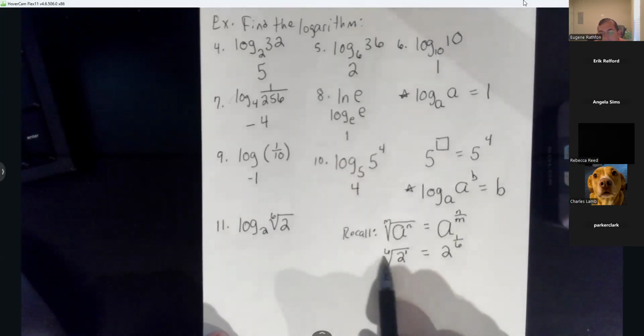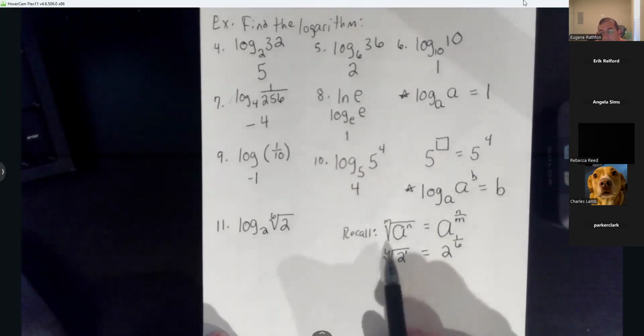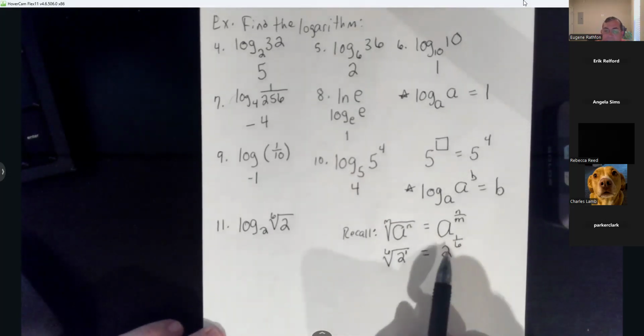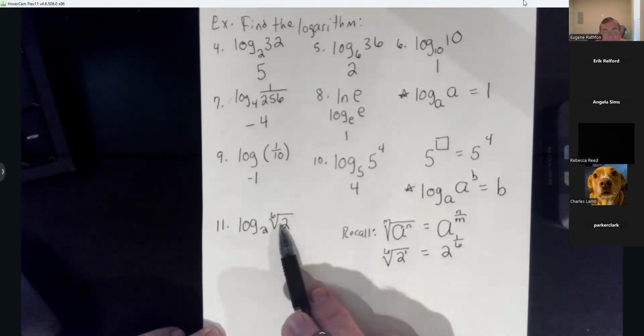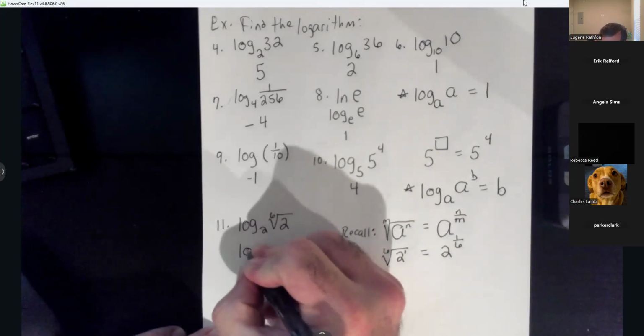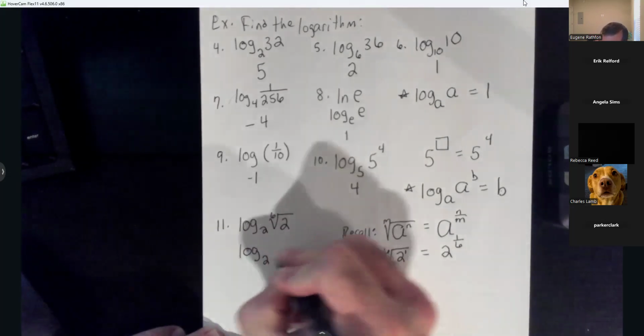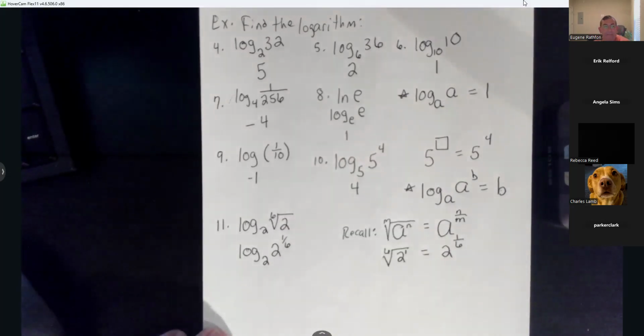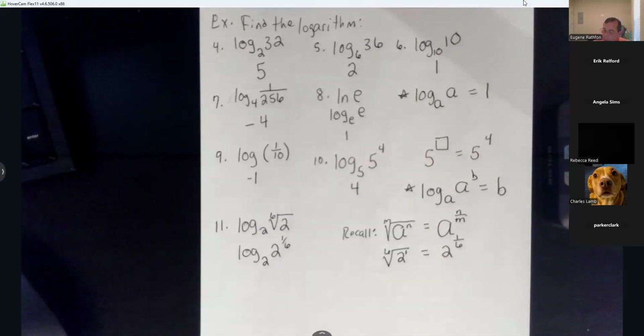Depending on what number you have here, that's going to be the bottom number of that fraction. Now that I've converted this radical into that exponent, this becomes log base 2 of 2 to the 1/6. If I punch that in, what answer will that give me?